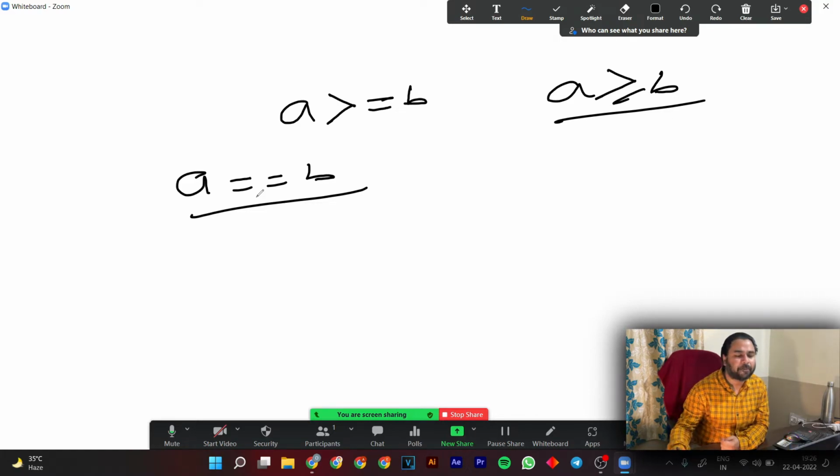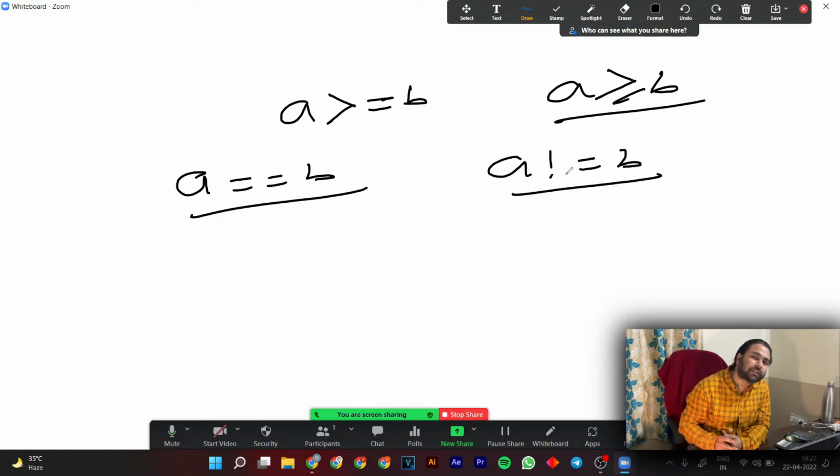In the same manner, if I say A != B, what does this mean? This means that if A is not equal to B, the value that I am expecting is the true one. And if it is not that, the value that I am expecting is the false one. So it's a clear fact that we have two equal to operators, one for equality and one for not equality.